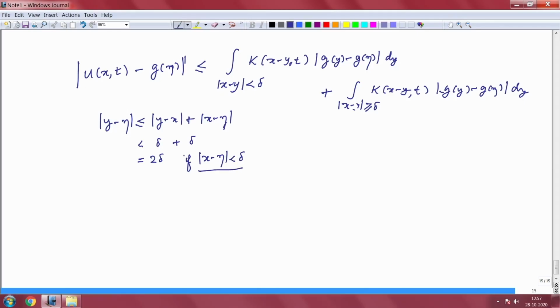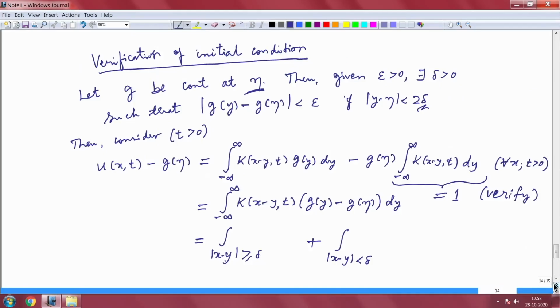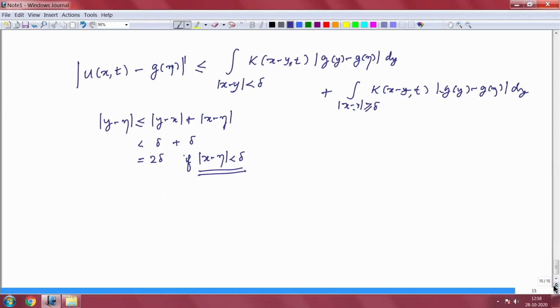That makes |y - eta| less than 2 delta, and by the assumed continuity, |g(y) - g(eta)| is less than epsilon. So the first integral is less than epsilon because the integral of k is 1.